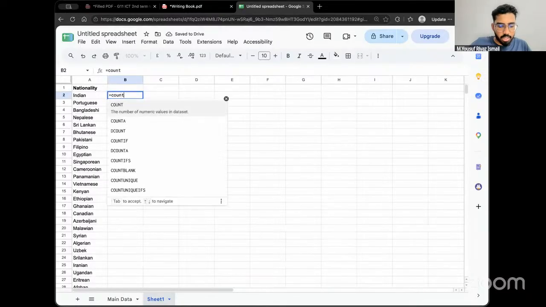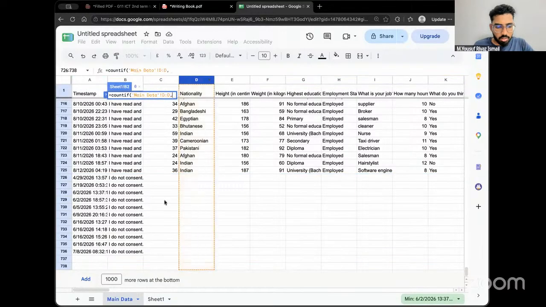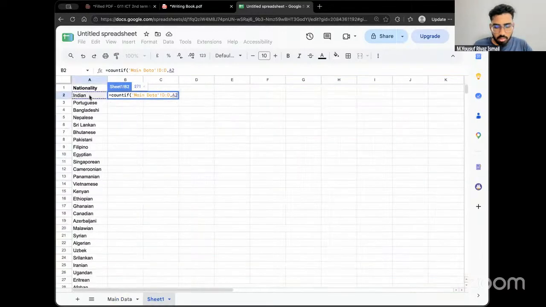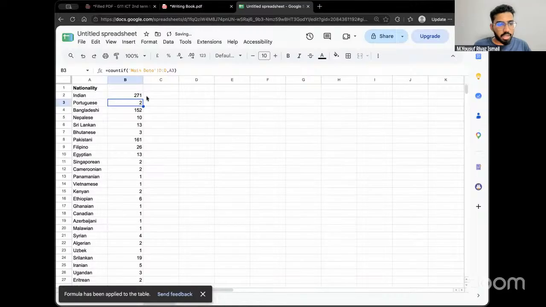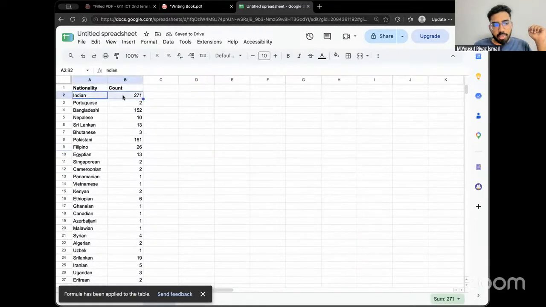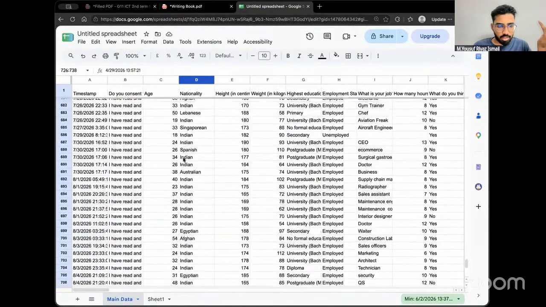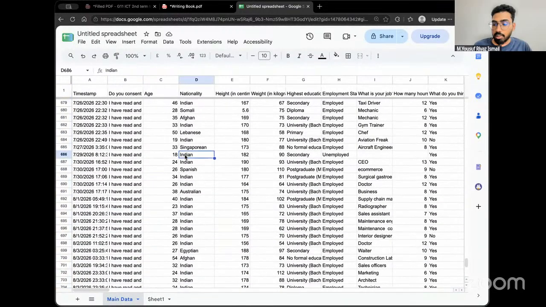For example, using some formulas, I was able to obtain that out of all the entries, 271 people are from India, two people are from Portugal, and 152 rows are about people from Bangladesh.